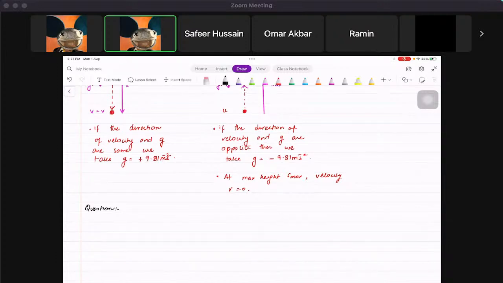It says, taking up direction as negative, choose the best values for acceleration due to gravity.